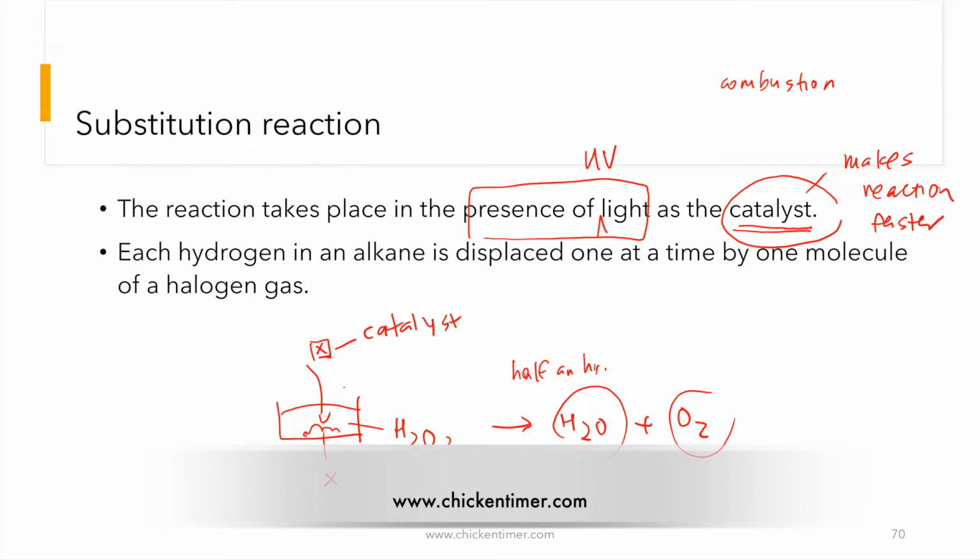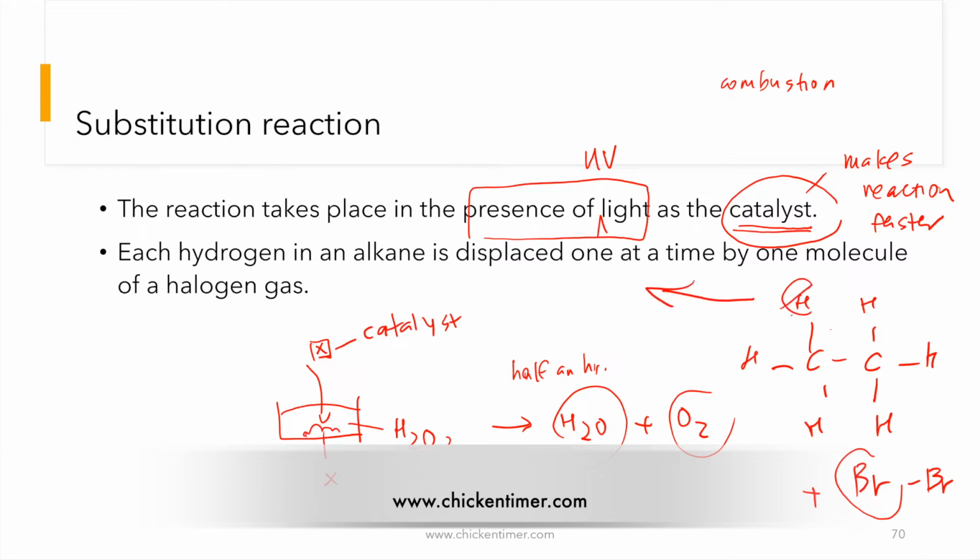In a substitution reaction, each hydrogen atom in the alkane is displaced by a halogen atom, one at a time. If I have hydrogen, hydrogen, hydrogen, hydrogen, hydrogen, hydrogen, and then I add, say, bromine, a hydrogen gets displaced.